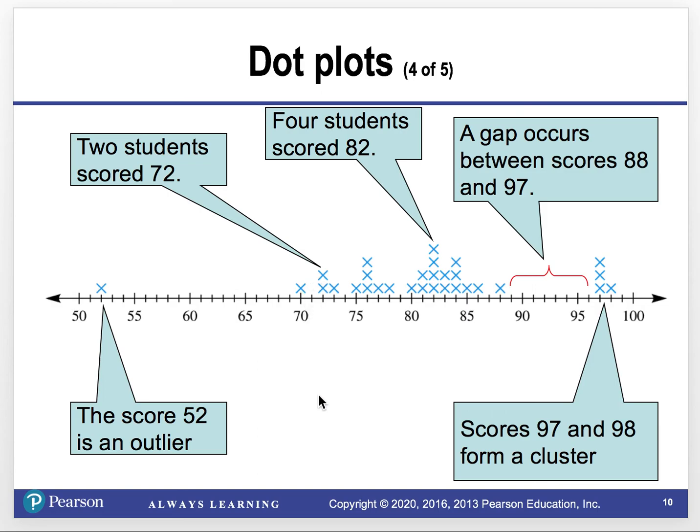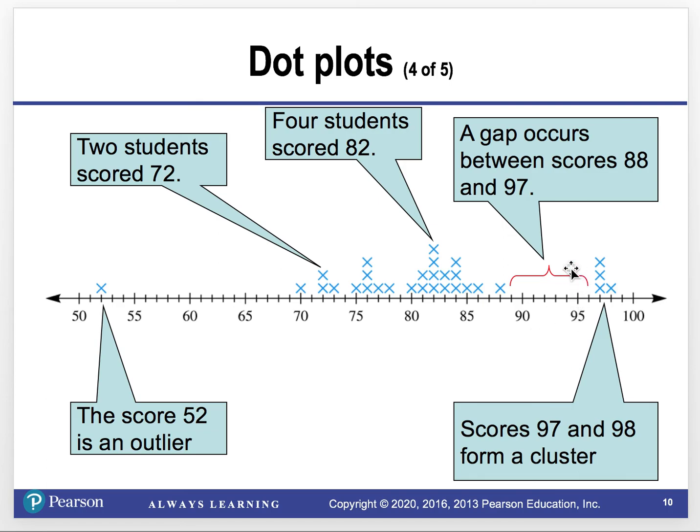Actually, when we get to the next section, we'll calculate just how far that gap has to be for this point to be considered an outlier. Right now, we're just going to say, oh, one that's way far away from the others, you know, very high.